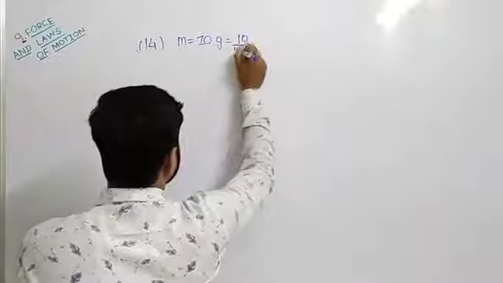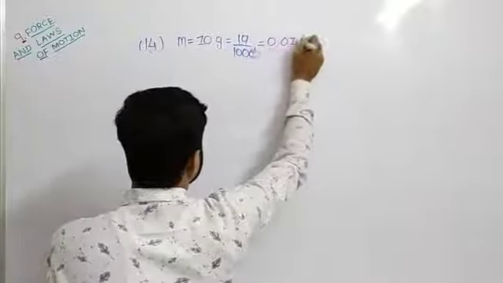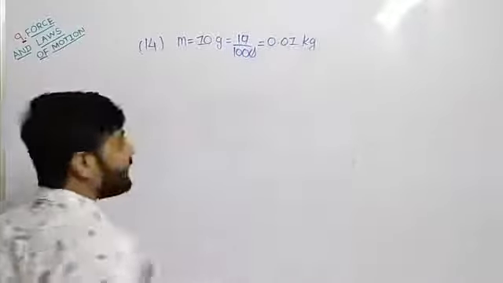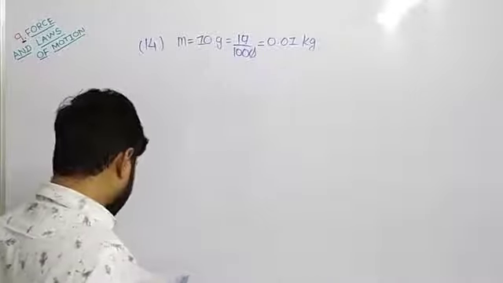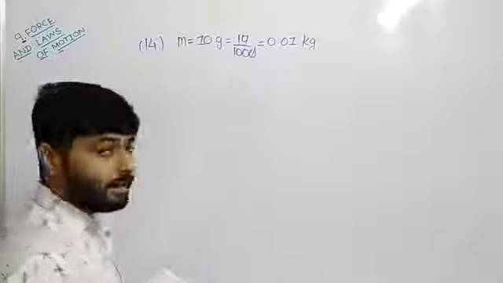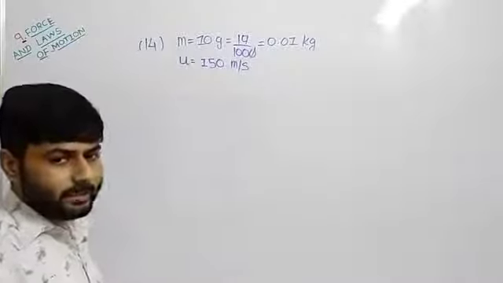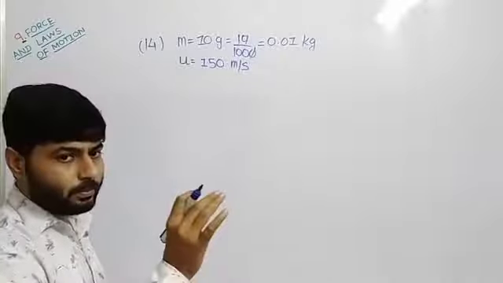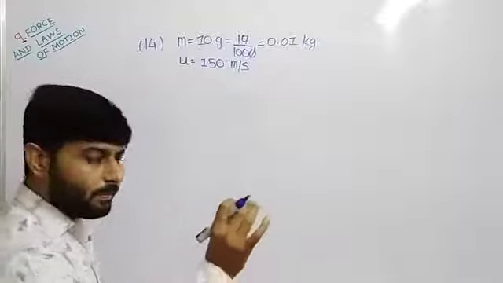10 divide 1000. So I have 0.01 kg. That is in SI unit. Mass, with velocity 150 meter per second. Final velocity: after sticking into the wooden block, the bullet will stop.